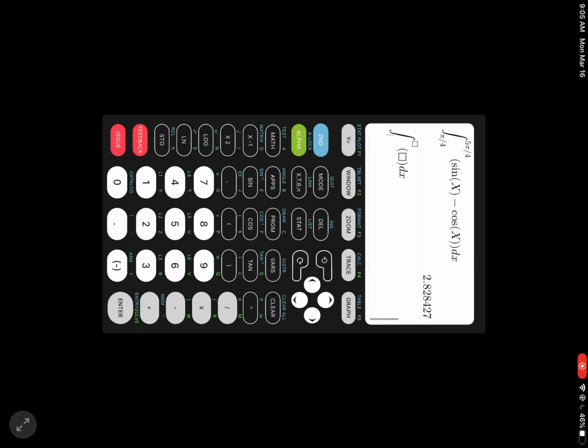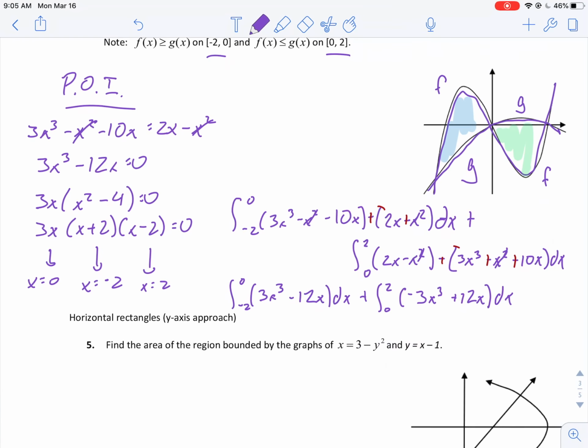What I've got here is the integral from -2 to 0 of 3x cubed minus 12x plus the integral from 0 to 2 of -3x cubed plus 12x. And my answer is 24. So this equals 24.